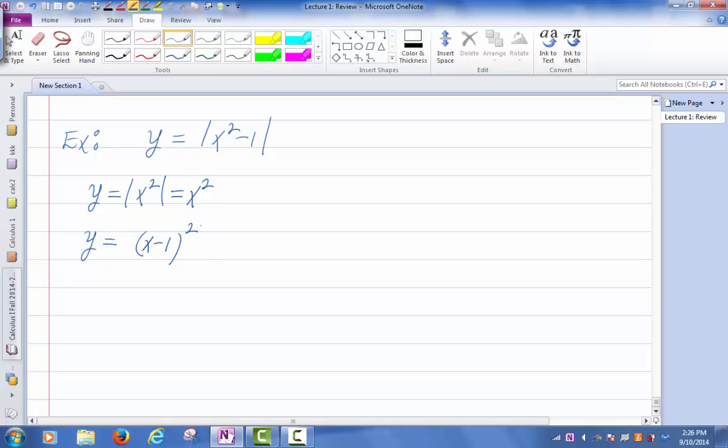So how do I graph that? Well, let's do the following. Let's make our x's first. Whenever you have an absolute value function, draw the graph without the absolute value first. So what is the graph of the function without the absolute value?